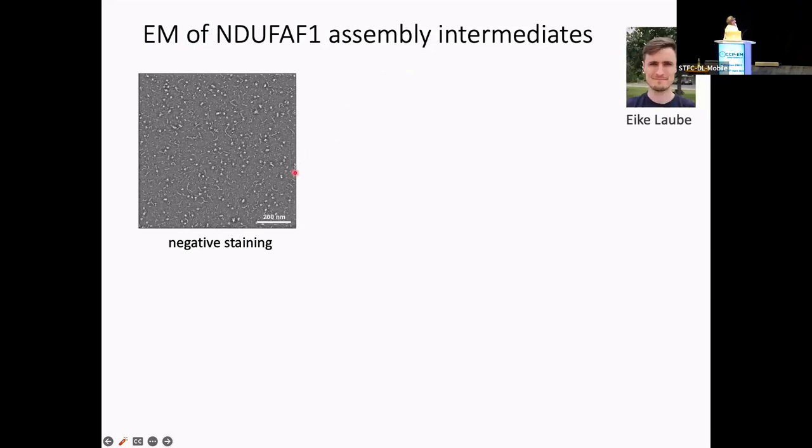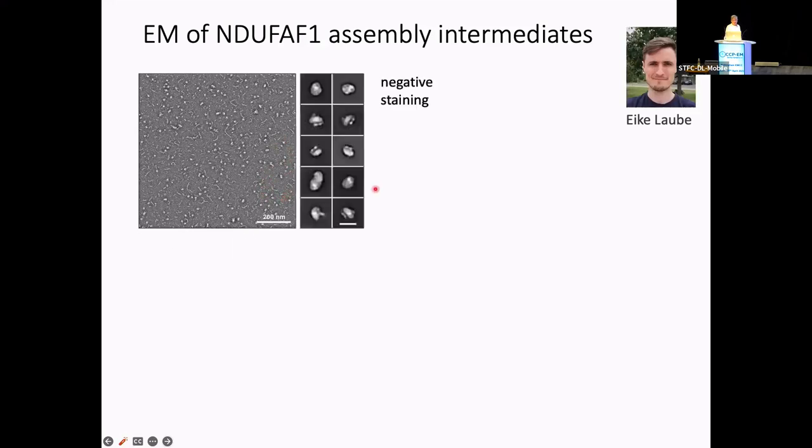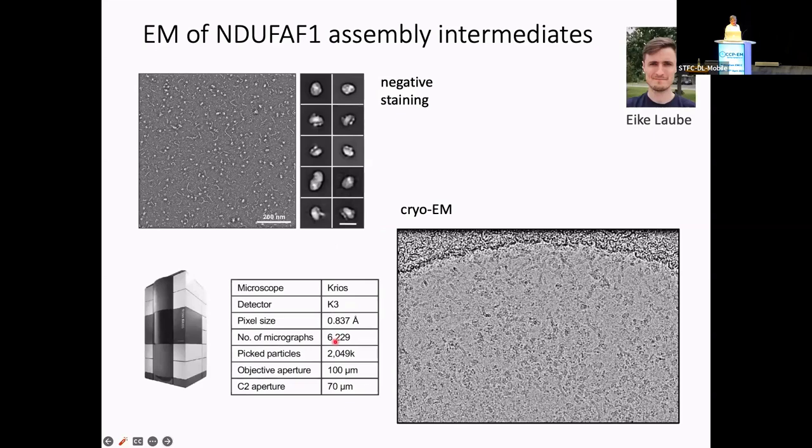So the first negative staining images showed very promising results, and class averages showed really distinct structures. So they went on to collect a large data set on the cryo sample, about 6,000 movies.